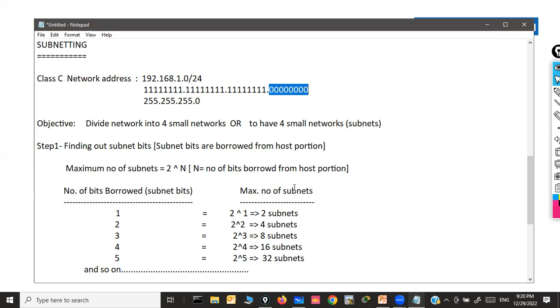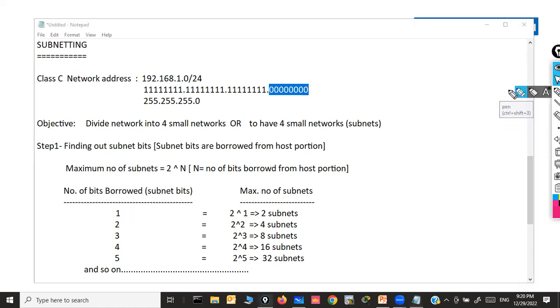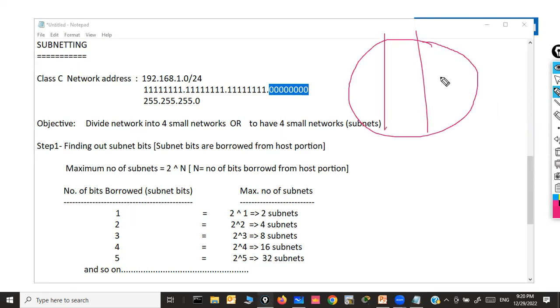And what if the objective is to divide a network into 6 subnets? Let's say this network has to be divided into 6 subnets. Then how many bits will we have to borrow from the host portion? If you look at this table, the network will be divided into 2 subnets, 4, 8, 16, 32, right? So there is no way to divide a network into exactly 6 subnets.